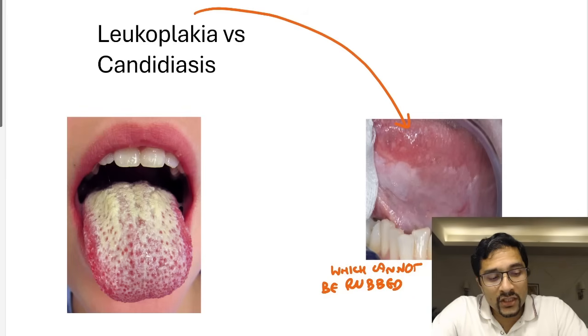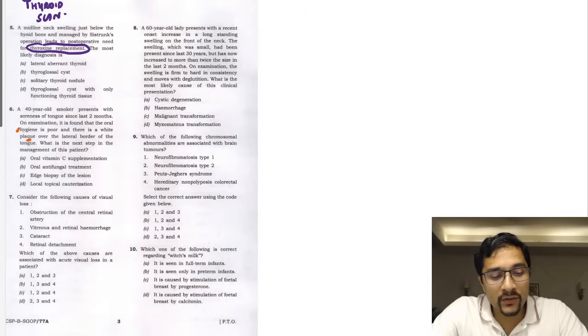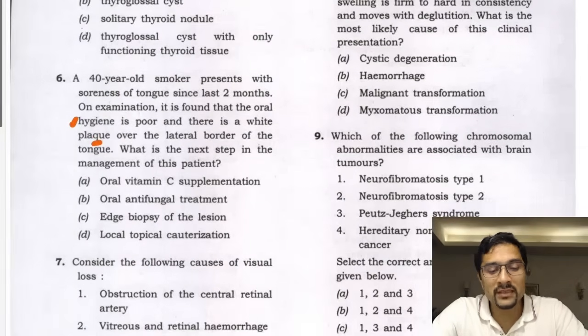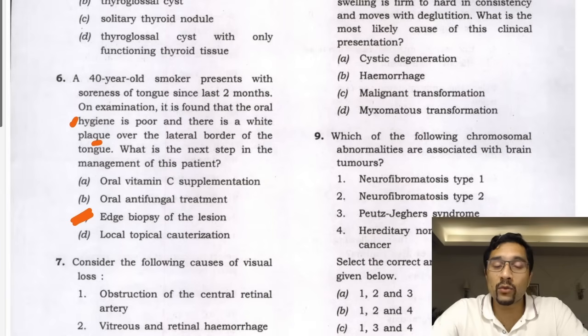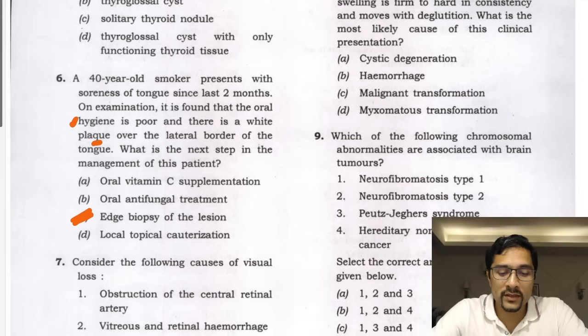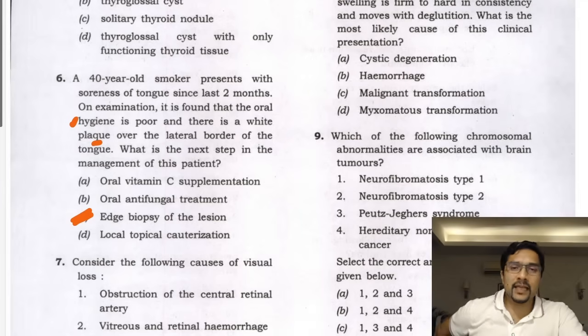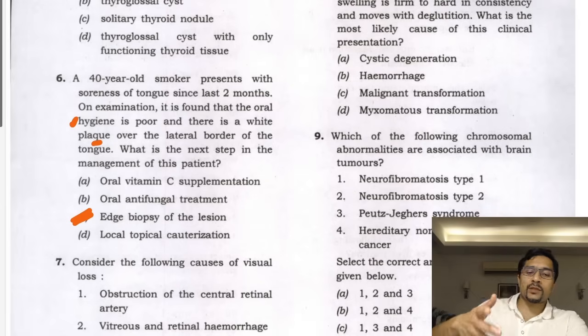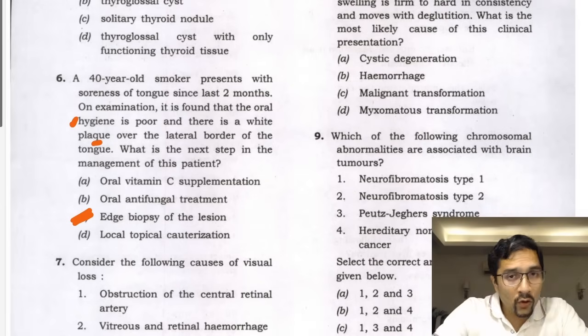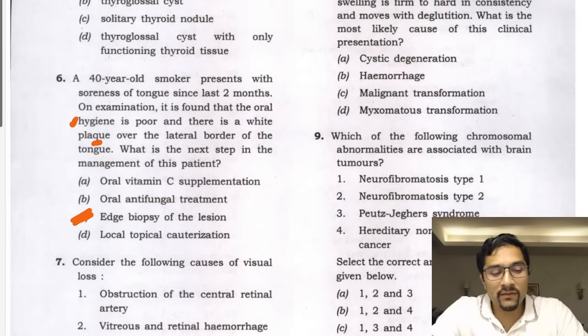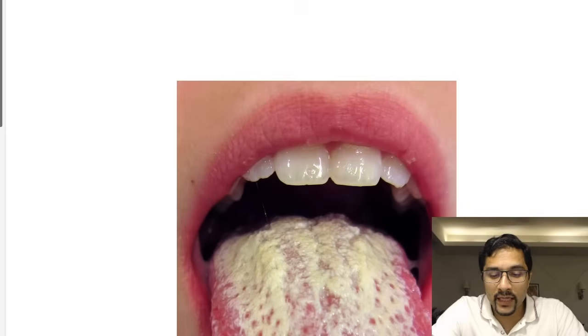So in such a case, when they had given this kind of history and these options, the best answer is that you do a biopsy of the lesion to rule out a cancer, right? Of course, they did not mention stop smoking, observe, or take antioxidants. They had given vitamin C, but did not mention stop smoking and observe carefully. So that is why we will do an edge biopsy to confirm the diagnosis.